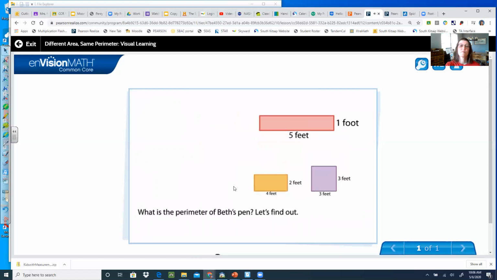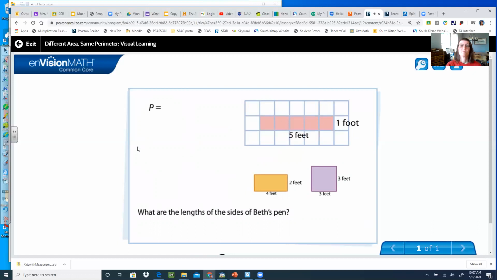What is the perimeter of Beth's pen? Let's find out. What are the lengths of the sides of Beth's pen? The lengths of the 4 sides of Beth's pen are 5 feet, 1 foot, 5 feet, and 1 foot. Find the sum.